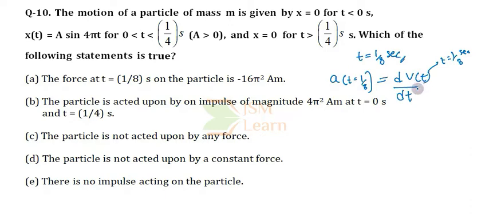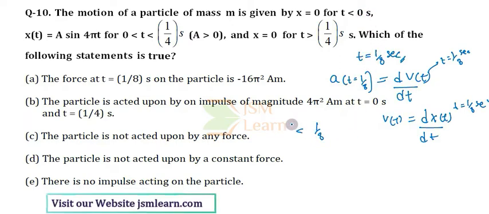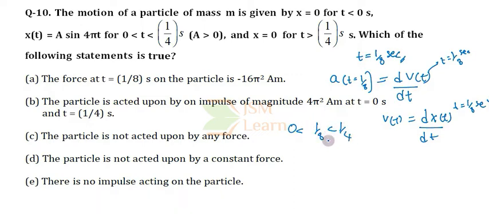So in order to get that velocity function, first you need to differentiate the displacement function in whose domain t equals 1 by 8 second is present. When we observe here, as 1 by 8 seconds is greater than 0 and less than 1 by 4, this time value is defined over here.